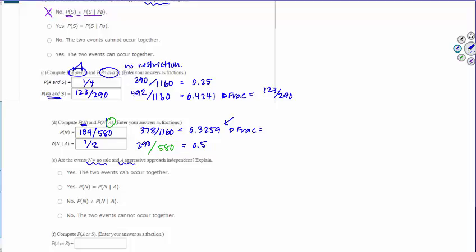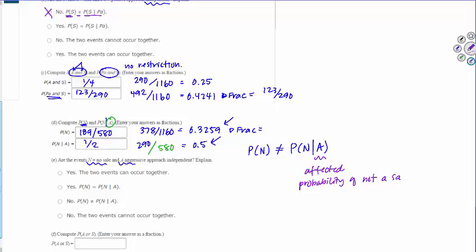Almost 33% of customers don't buy anything regardless of approach, but half of them don't buy anything if the aggressive approach is used. So because the probability of not making a sale is different than the probability of not making a sale given that we use the aggressive approach, that means that the aggressive approach affected the probability of not making a sale.